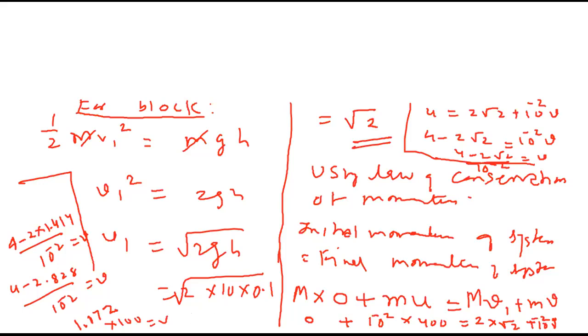Yes, sir. The answer is 120 approximately. This is a typical sum because we have used two things. First, velocity by which it is moving up that block, and then the law of conservation of momentum.